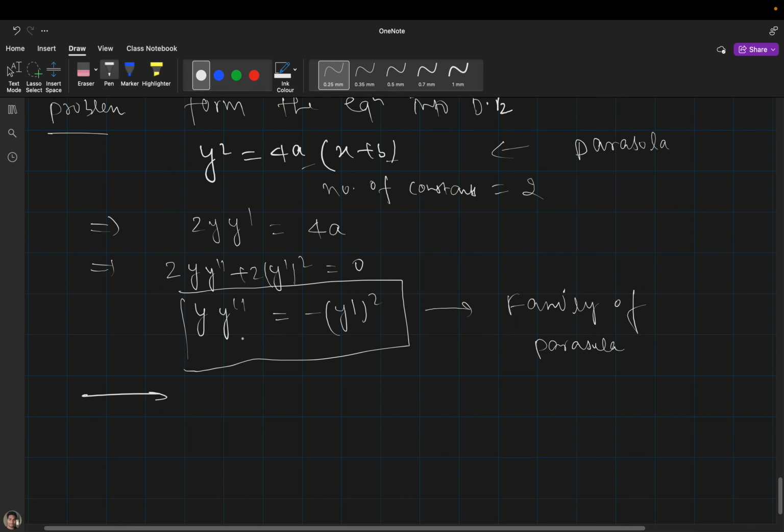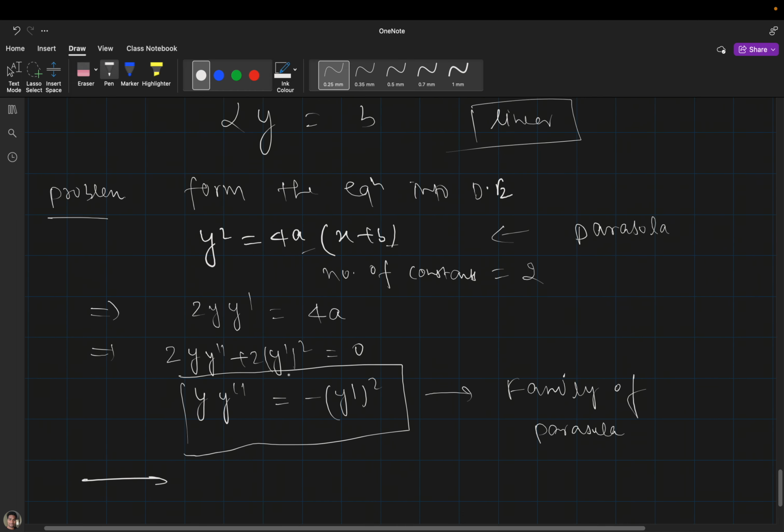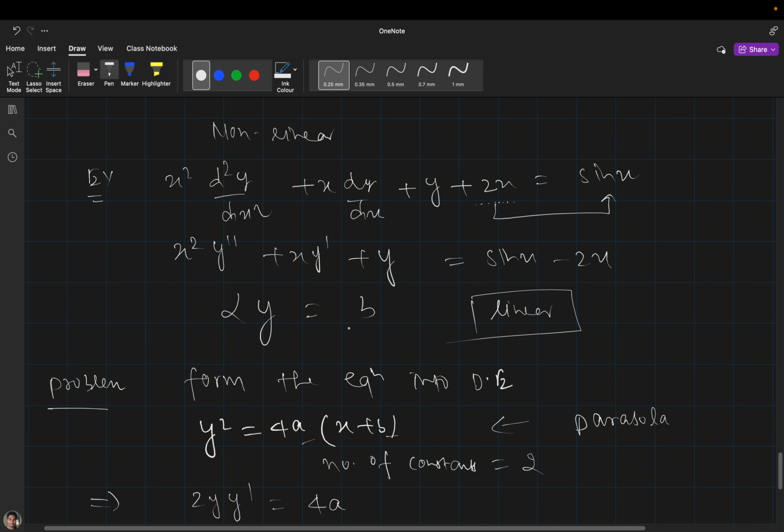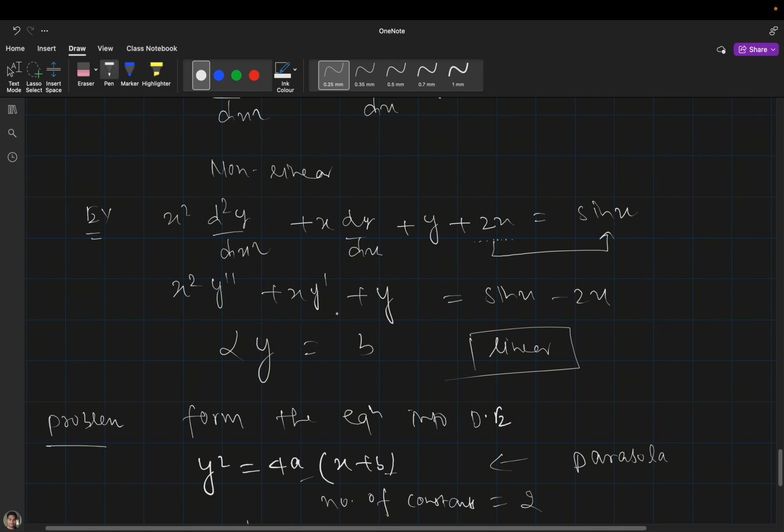Also, if there is any product between y dash and y, then can we also call it non-linear? Yes. If you are able to write it like this, then that is linear. Then you can also see that if you have some term like y square, y cube, y dash y, something like that, then it is clear that that is not linear. So you are talking about the same thing.